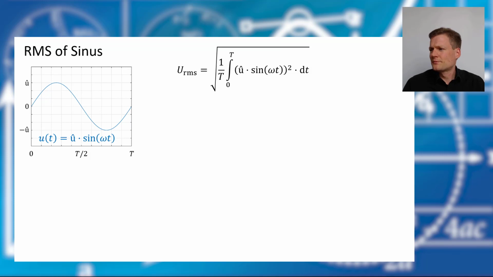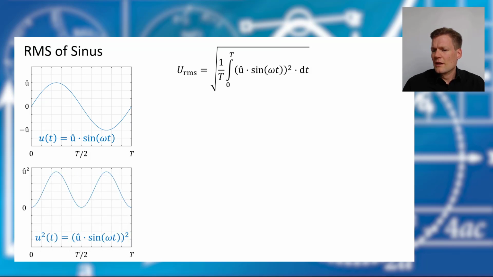I will draw this square function here and have a look at the first half period and the second half period. The function looks the same, and that means that the result of our integral will be the same in the two half parts.